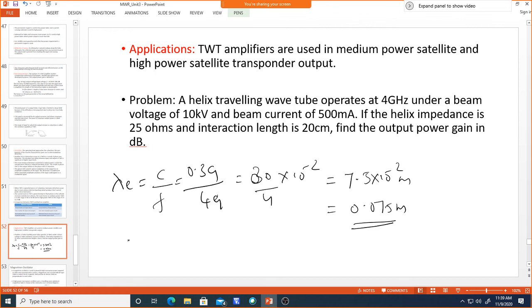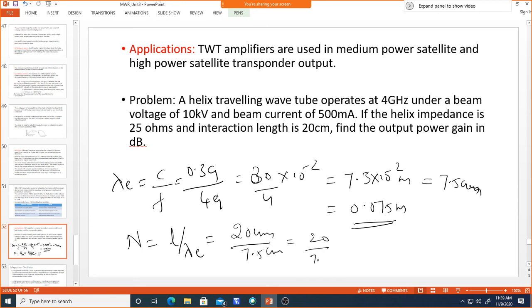This is lambda. So N we can calculate as L by lambda E. L in terms of centimeter, lambda E is 7.5 centimeter. The length is given as 20 centimeter, divided by 7.5 centimeter, so this is 20 by 7.5.